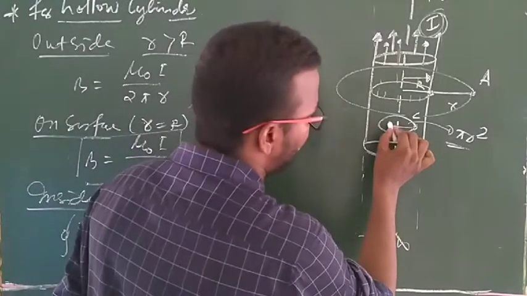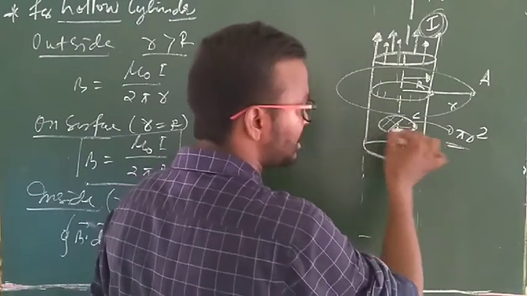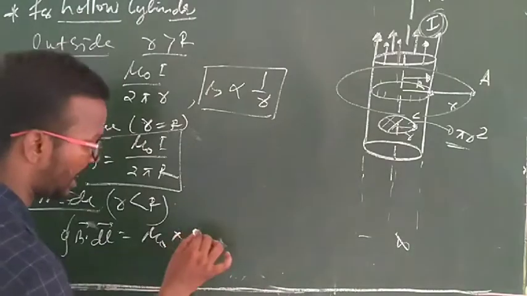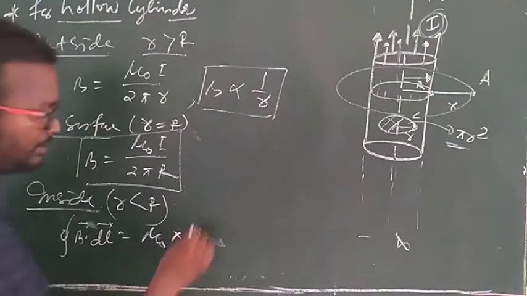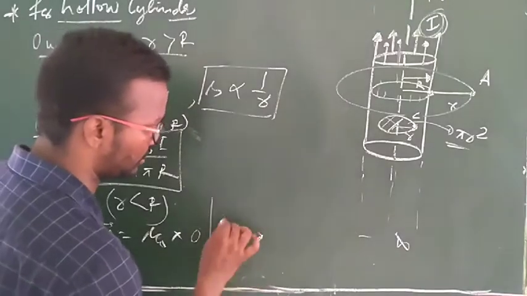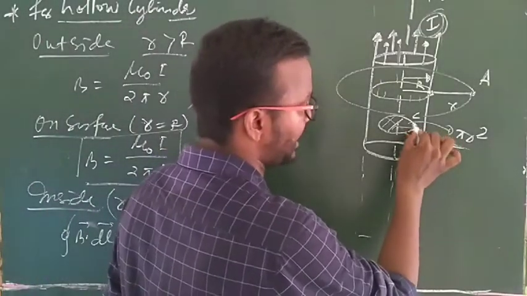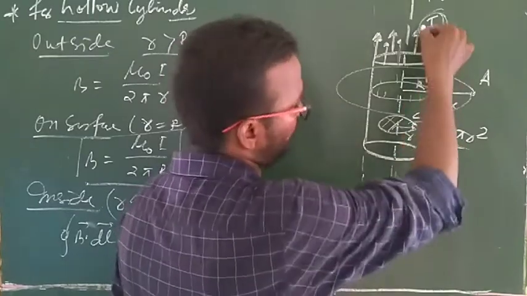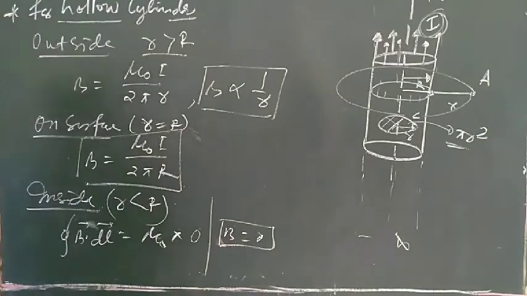I enclosed here is zero, because this point is inside the hollow cylinder, so I equal to 0. If I equal to 0, then the magnetic field inside the surface is 0, so B equal to 0. That means the magnetic field inside the surface of a hollow infinite current carrying cylinder is equal to 0.